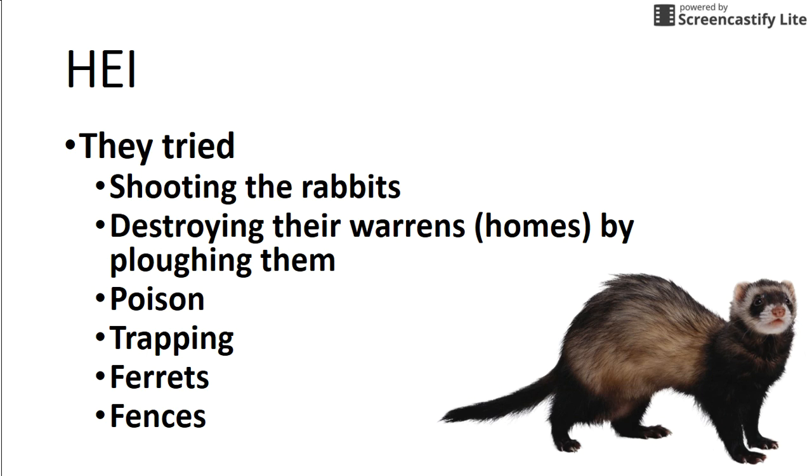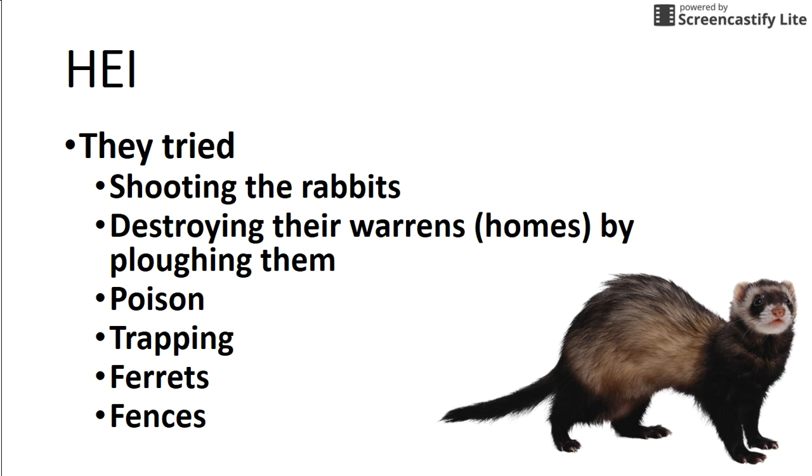Well, they tried to shoot the rabbits, and then they tried to destroy the rabbits' homes by using plows and other things that would go into the ground and rip up their homes. And in the process, when they were ripping up their homes, they would also rip up the rabbits, so that'd be kind of messy. Then they also used poison, and sometimes they trapped the rabbits, but all these things didn't really make that much of a difference.